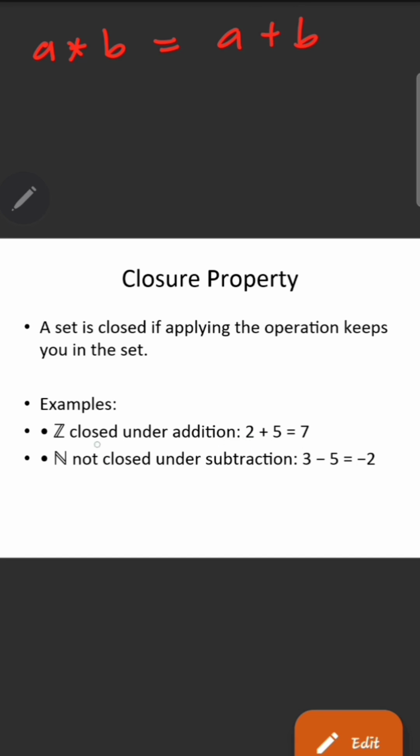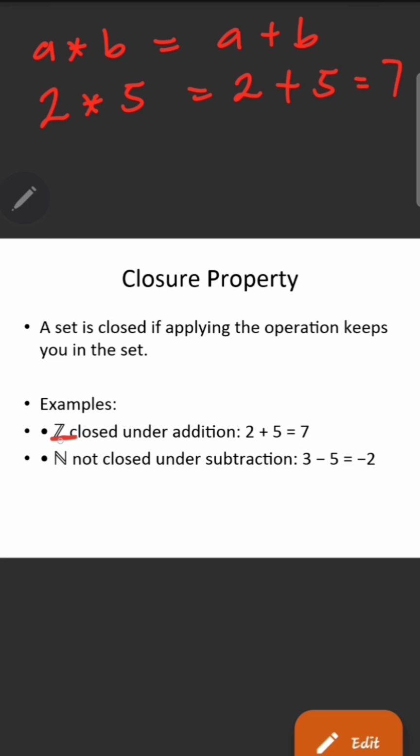Look at this example: Z is closed under addition. So when you are given 2 operation 5, according to the definition of this operation, it's supposed to give us 2 plus 5, that is 7.